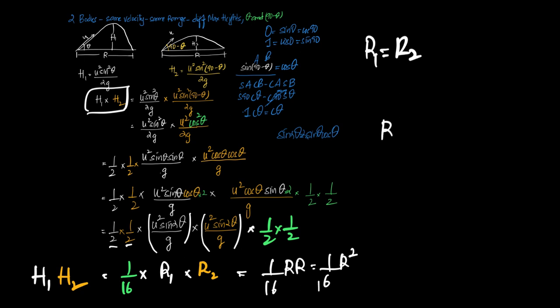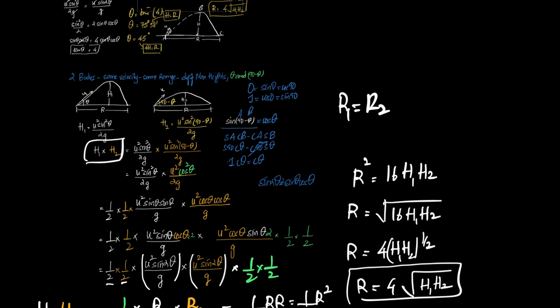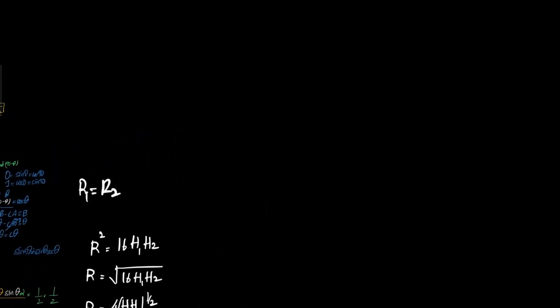So r square is equal to 16 into h1 h2, and r is equal to root of 16 into h1 h2, and therefore r is equal to 4 into root of h1 h2, right?